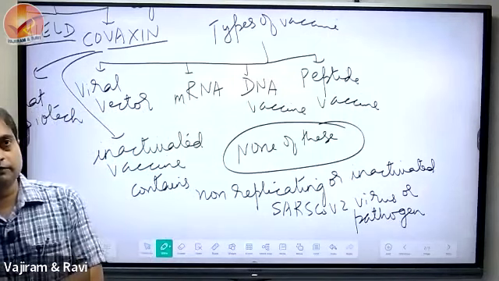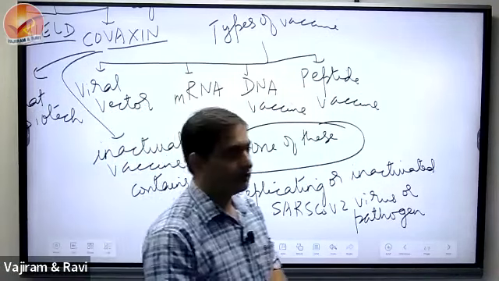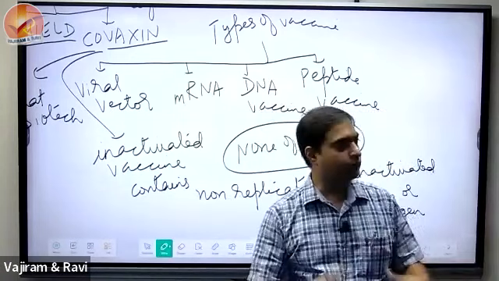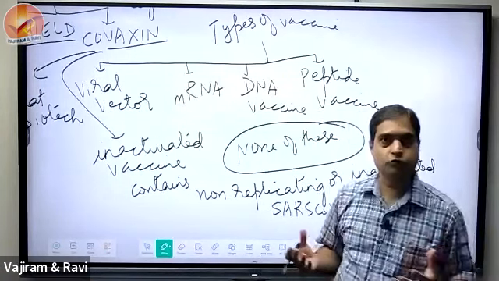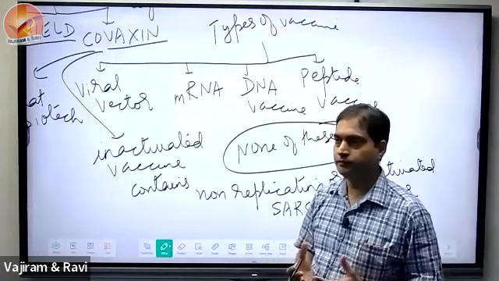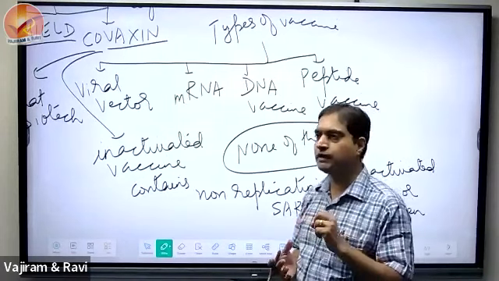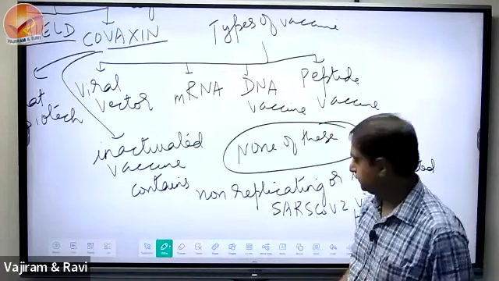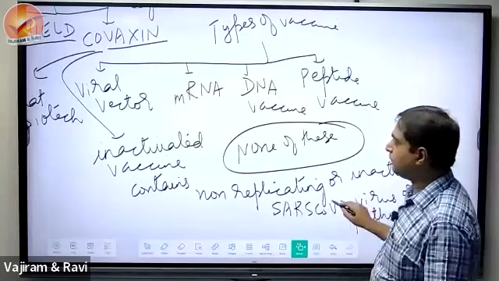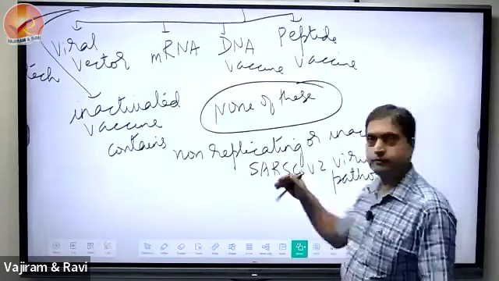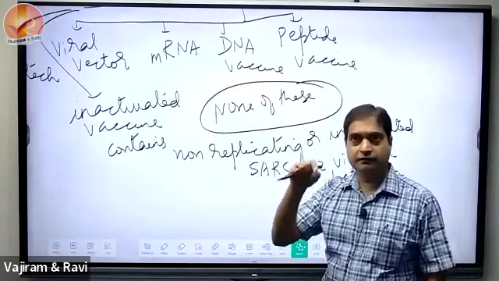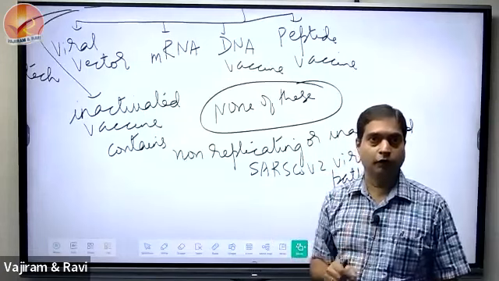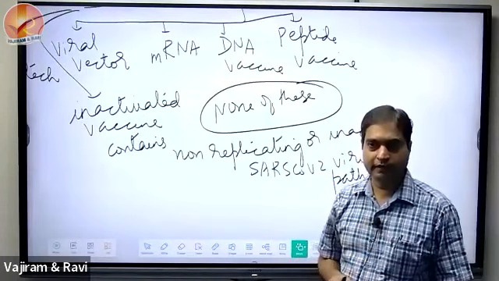Inactivated vaccine means where the pathogen, it could be bacteria, it could be virus, against which your body needs to develop protection. So the pathogen used there, the virus used there, is non-replicating. Non-replicating means the vaccine virus will not multiply in your body to ensure safety of the vaccine.